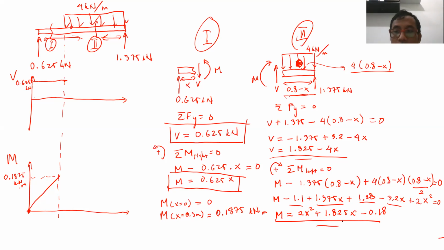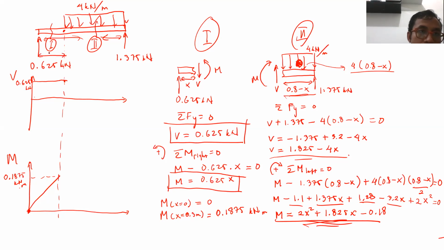Okay, now we already have all the equations that we need. This is the phi for the second part, and this is the moment for the second part. But before that, we have to determine at x equal to 0.3 here.